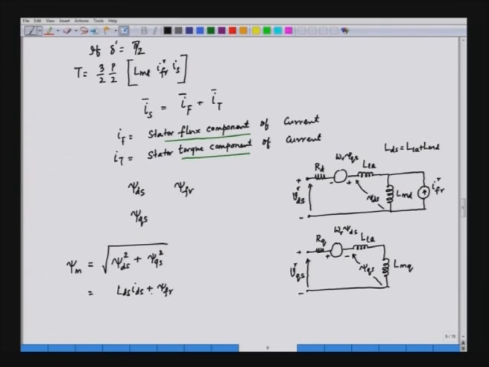Psi FR is equal to LMD into IFR. So, this is psi FR, the square plus psi QS is LQS into IQS square.